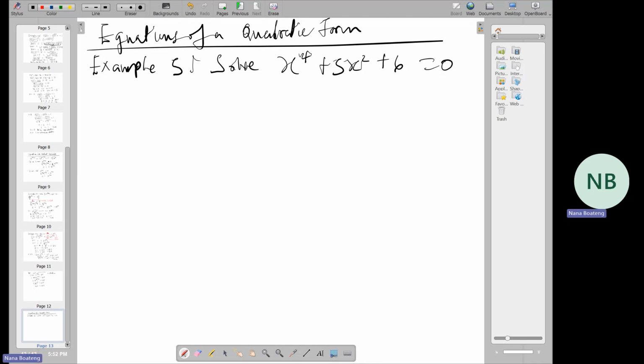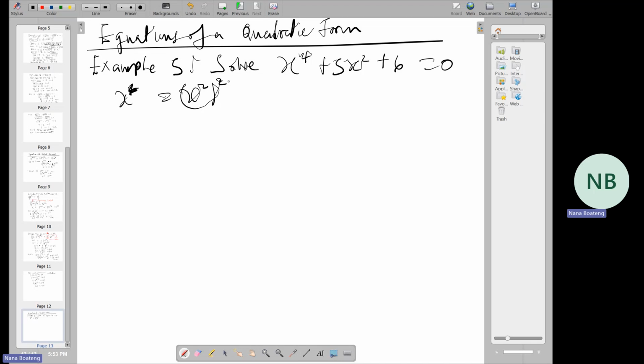All right, so if we look at this equation, we will notice that x power 4 is the same as x squared times power 2 again.